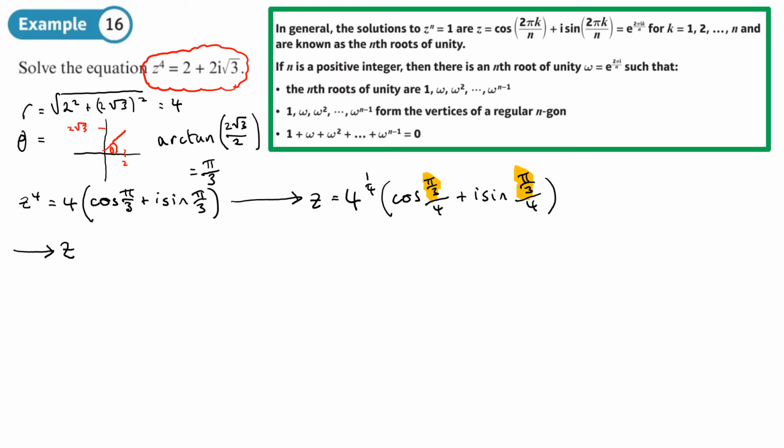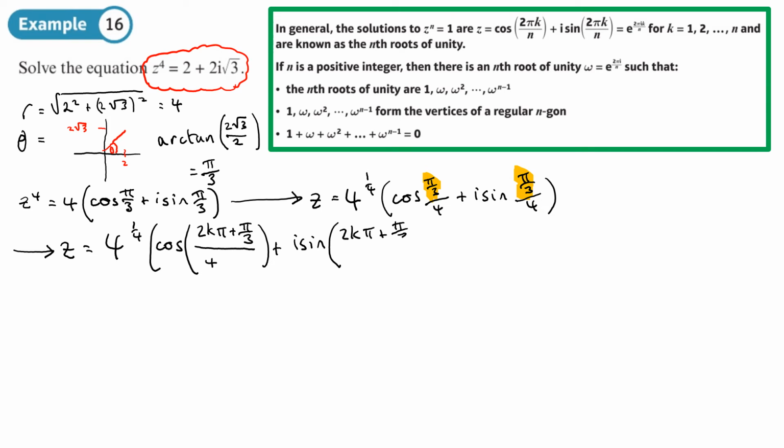So z equals the fourth root of 4, and then cos of (2k pi plus pi over 3) over 4, plus i sin of (2k pi plus pi over 3), all divided by 4.